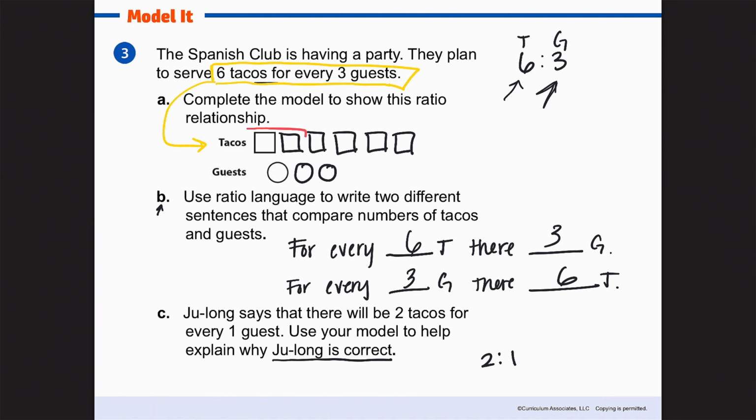So I'm going to circle 2 tacos and put it with 1 guest. 2 tacos, 1 guest. So yes, I can see that that's right because this is an equivalent ratio. If I just separate it to have these guys go together, it's equivalent to our original ratio.